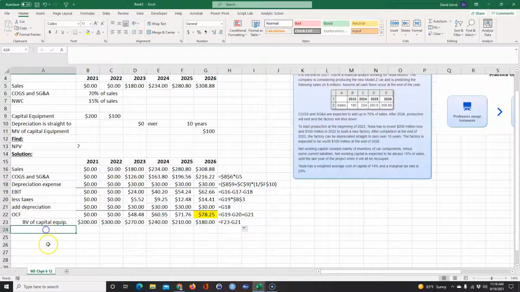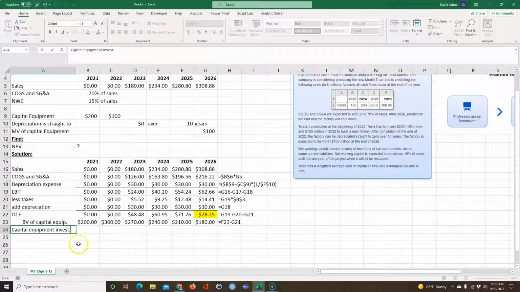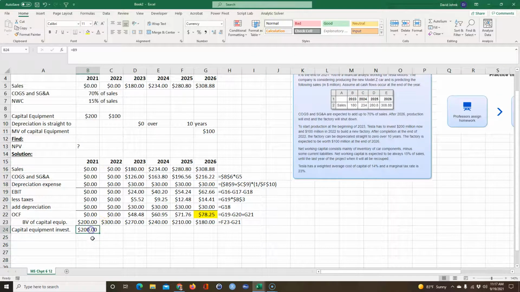And then, so the capital equipment investment would be, well, it's going to be equal to, well, again, the first 2 years is going to be these, right? And then on the book, it went down to here, but then we sold it down here.